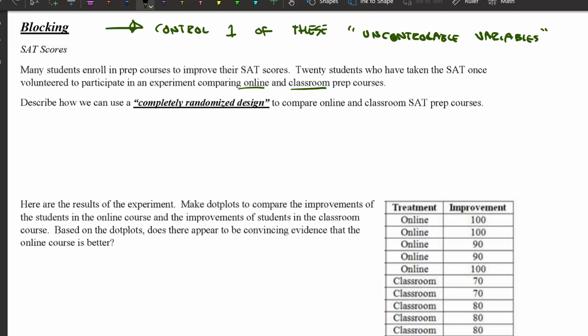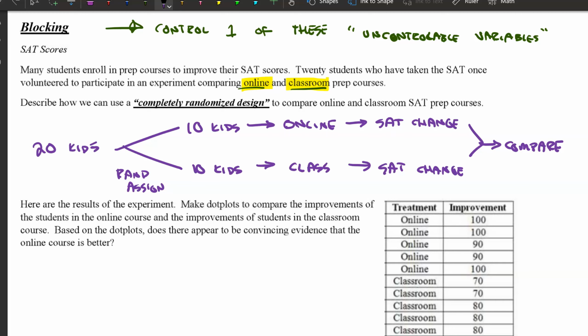They will take the online class. We'll give them the treatment. And then the in-class class, we will look at their change in SAT scores, and then we will compare. So this is a completely randomized design.